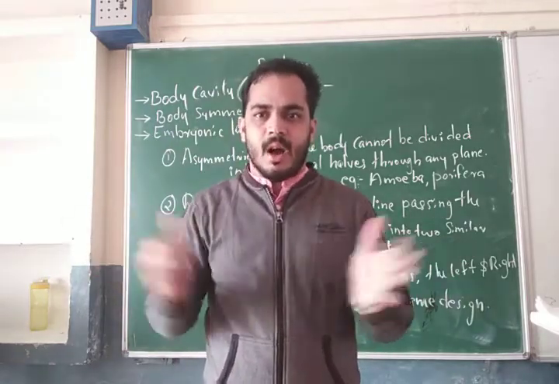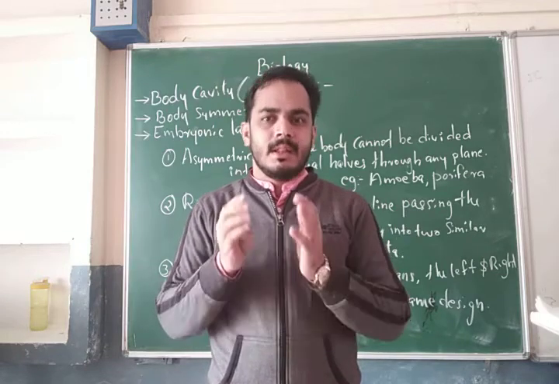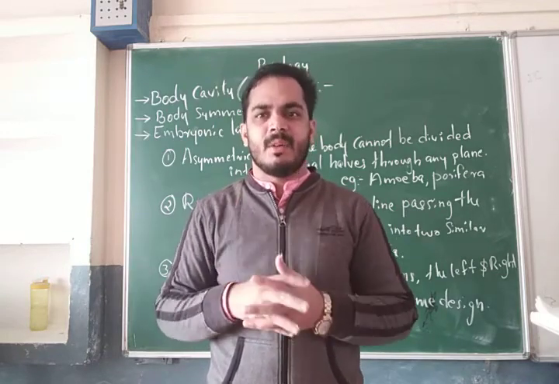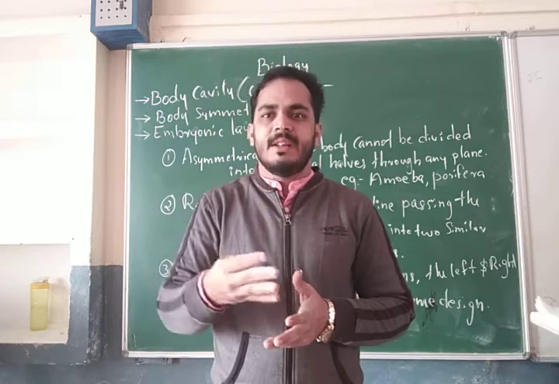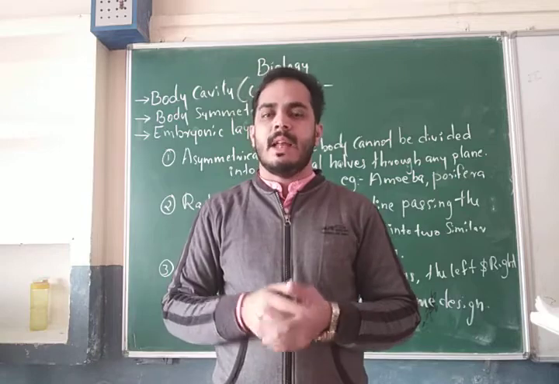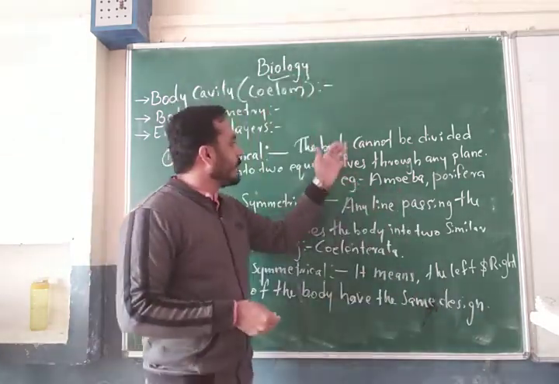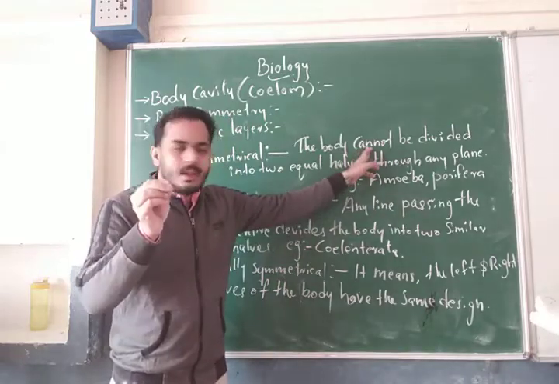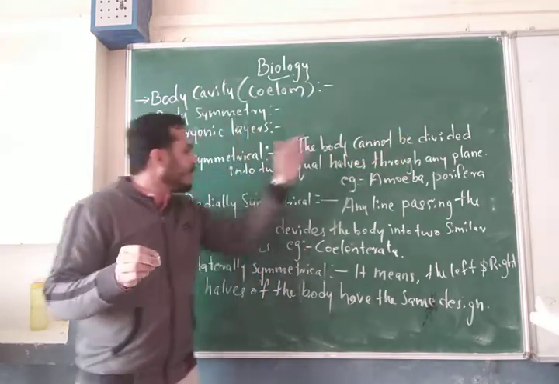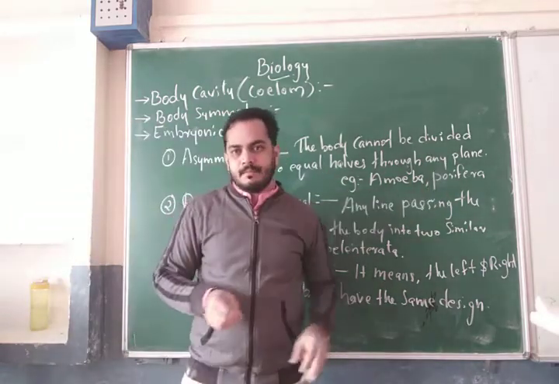We get equal halves, equal design, identical. But in the case of asymmetrical organisms, while dividing into two halves, we do not get equal halves. That is called asymmetrical.